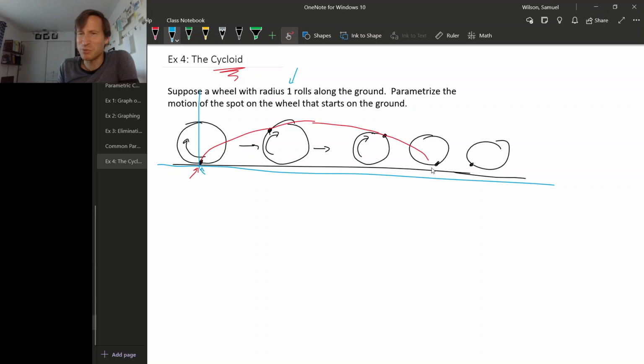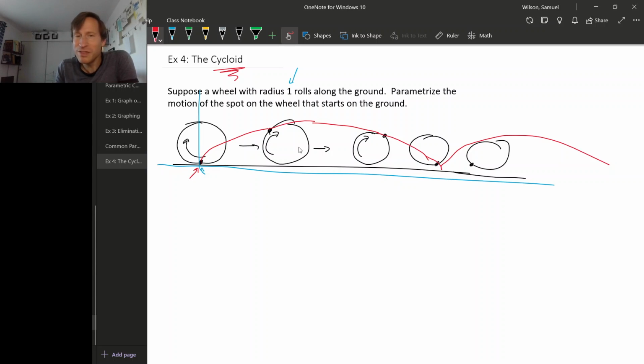It's not a shape that we recognize really, because after it reaches this point, at some point it's going to touch the ground again, and then it's going to take off again like that. And this isn't really a shape that we recognize, so we don't have any sort of built-in formulas tucked away in our brains somewhere to describe this shape. So we're going to have to come up with something somehow.